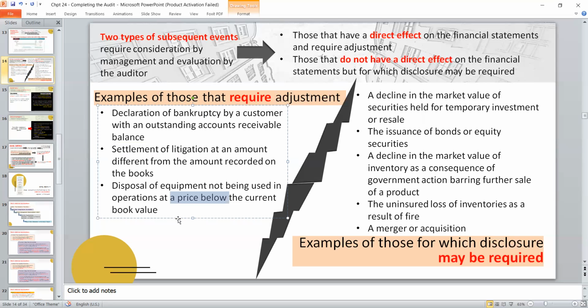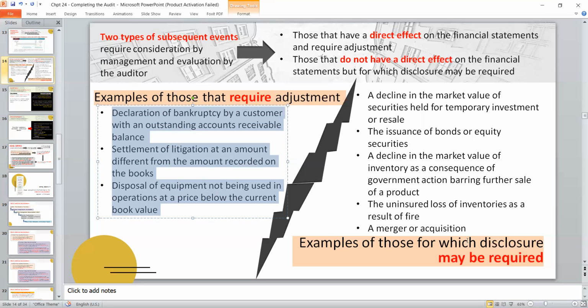So you need to make an adjustment, mengikuti harga pasar, follow the market price. Okay, that's the obvious one that you need to adjust.